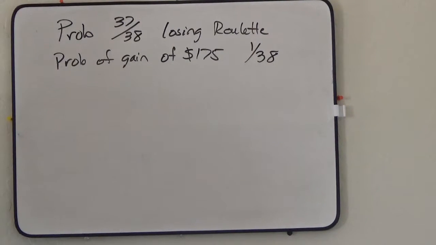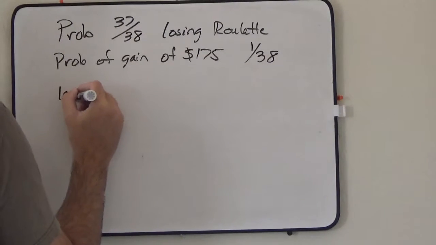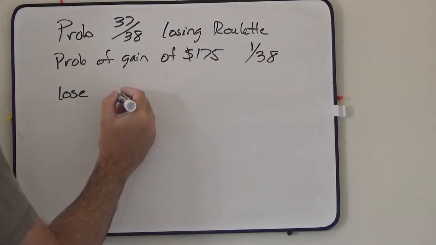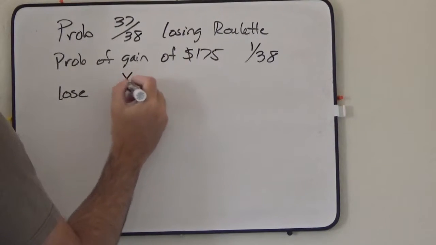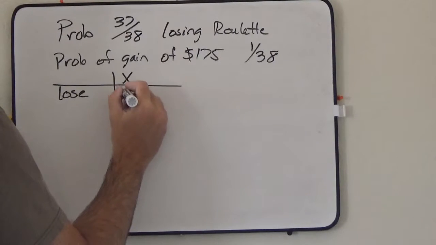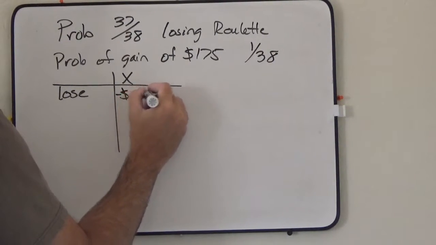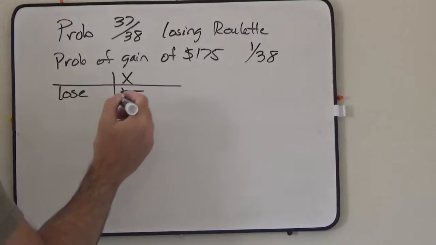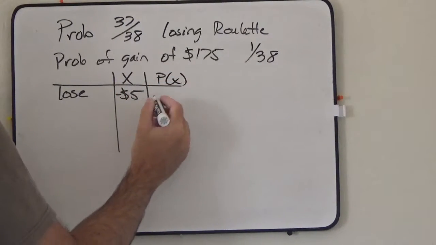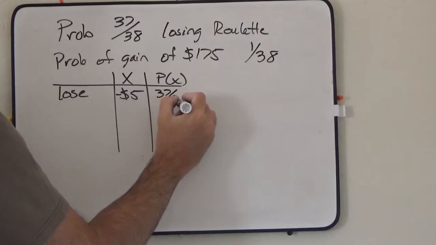So, find your expected value of winning or losing at roulette. Well, okay, let's take losing. My X value would be, you lose, let's put here, X. You lose $5, right? So negative $5. Your probability of losing, probability of X, is 37 out of 38.